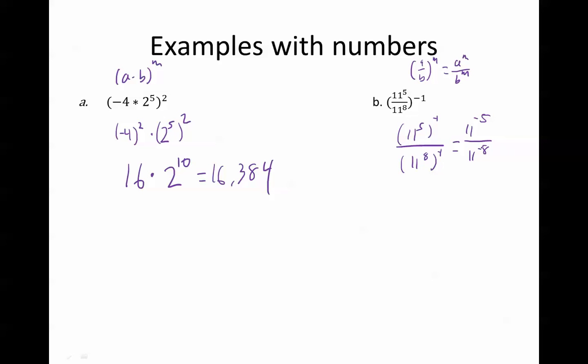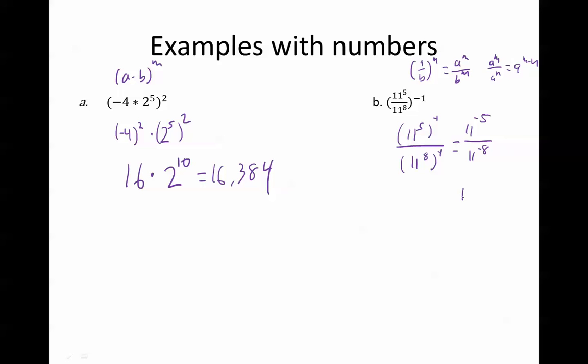But now we have negative exponents. So we can do one of two things here. We can deal with the negative exponent, or we can use our quotient rule. Remember quotient rule saying that if I'm dividing things of the same base, then I can subtract the exponents. So let's do that.